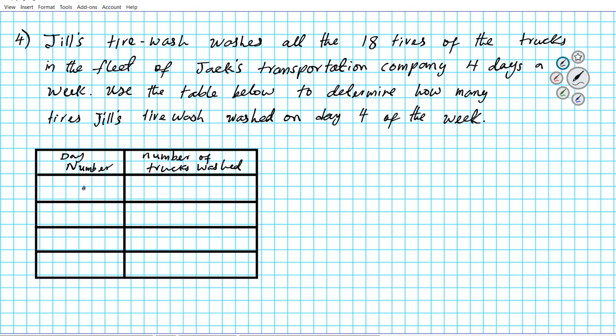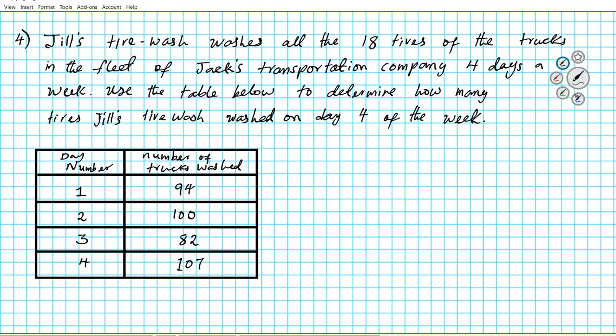Okay, so the 4 days that they do the washing: day 1, 2, 3, and 4. Let's say on day 1 they wash the tires of 94 trucks. Day 2, the tires of 100 trucks. Day 3, the tires of 82 trucks. And day 4, the tires of 107 trucks. Okay. All right, so let's go ahead and solve this problem.